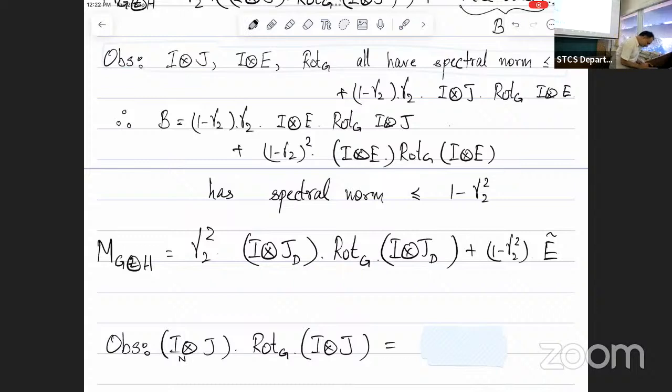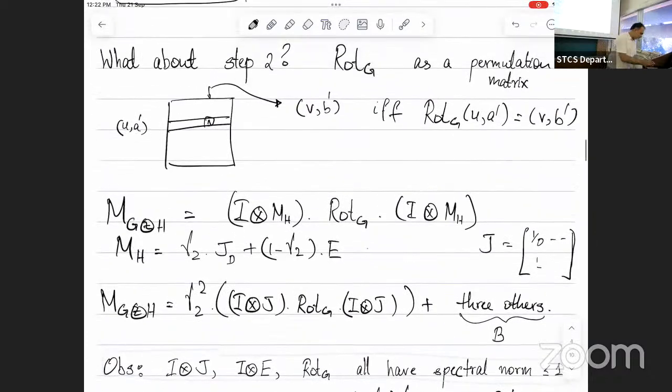Now the question is, what is this matrix? I tensor JD, take a rotation map followed by I tensor JD. Let's go back and ask.